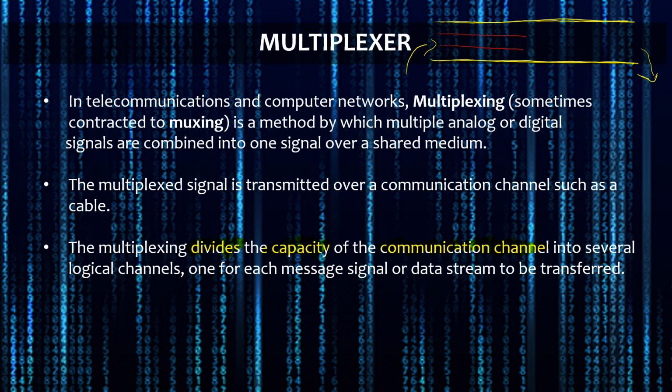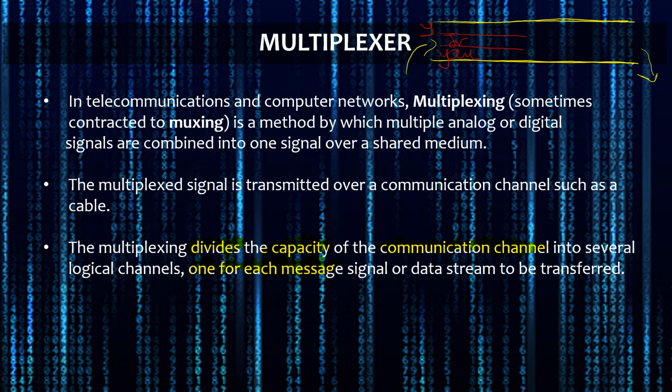Because I have a single channel, I am dividing that channel into multiple logical channels this way, one for each message. As I told you, suppose I am sending the data of Yahoo, then Insta, and then YouTube.